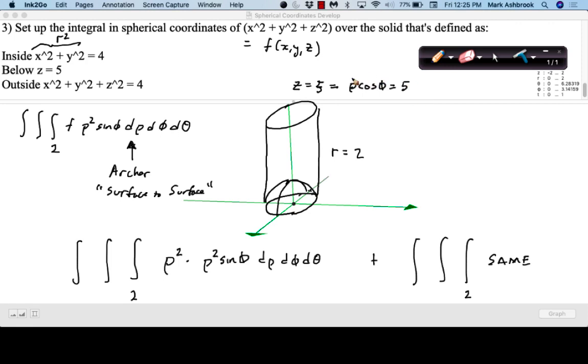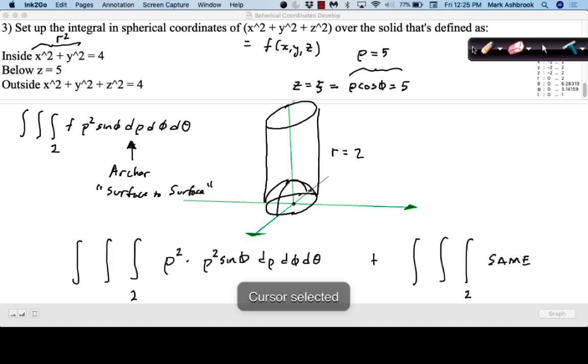So therefore, rho equals 5 over cosine phi. Or, what's 1 over cosine? Secant, right? So you could do 5 over cosine. That's perfectly fine. Or 5 secant.